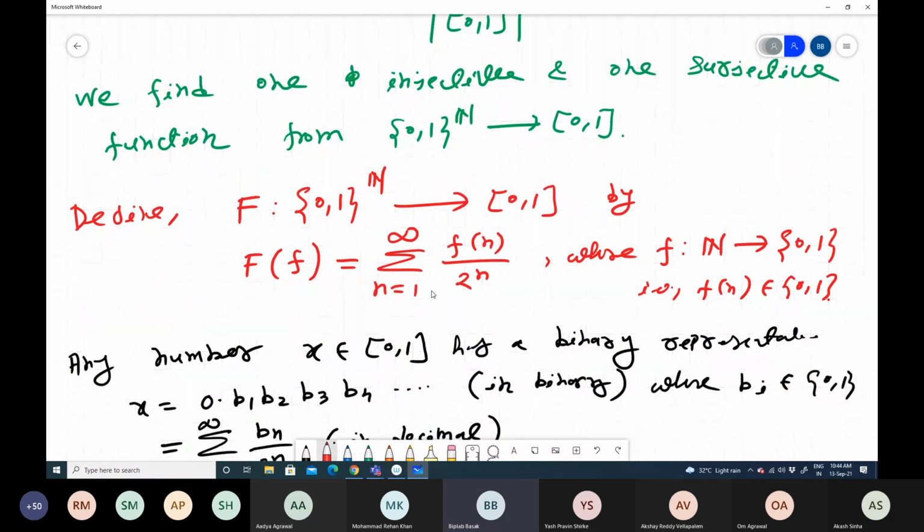I proved it in my way and I like this one. It is easy to find a surjective function, and it is easy to find an injective function, so we are done. But if you search on the internet, maybe you will find a different proof. So it is not the only way to prove this.